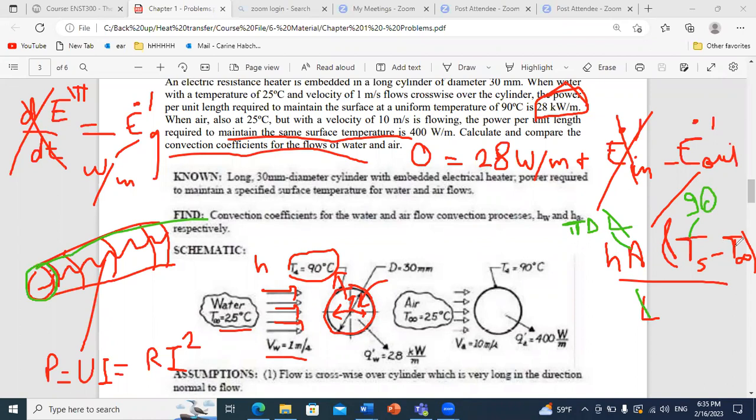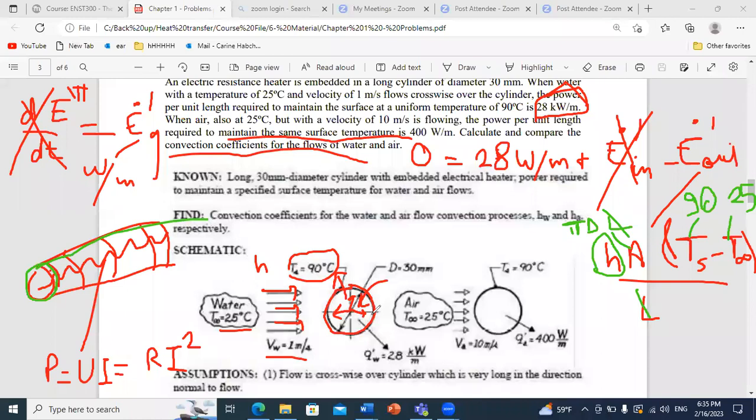And T of air is 25. We have everything, we have the diameter also. The only unknown will be the convective coefficient H. So we can get from here what will be the convective coefficient due to water flow.